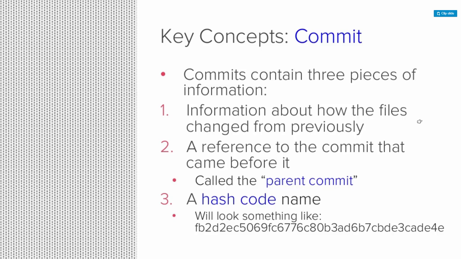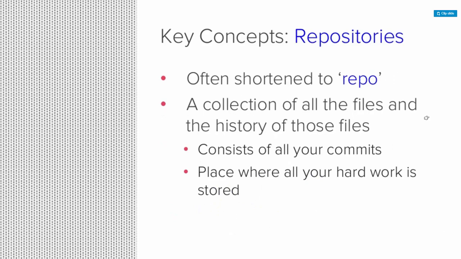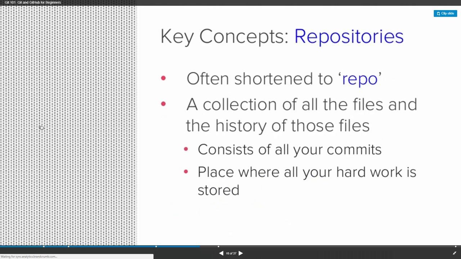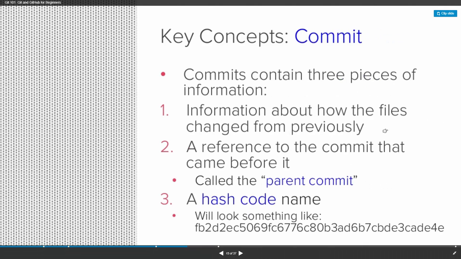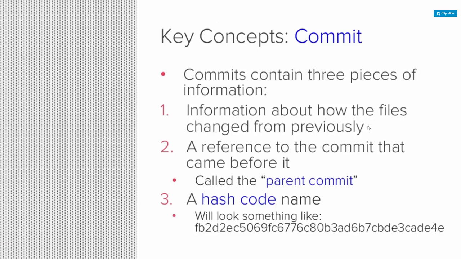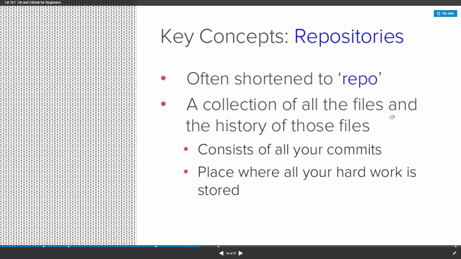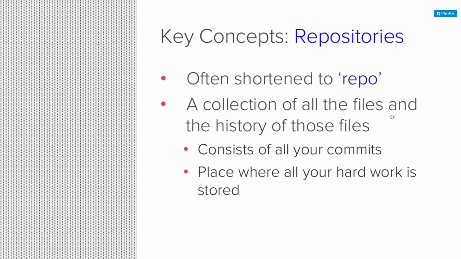The information about how the files changed from your last commit, a reference to the commit that came before it, known as the parent commit, and a hash code name. There's actually more to it than that, because typically when you do the commit, you'll also put a comment in there that explains what the commit is about. All right, we'll look at all this stuff again as we go on.